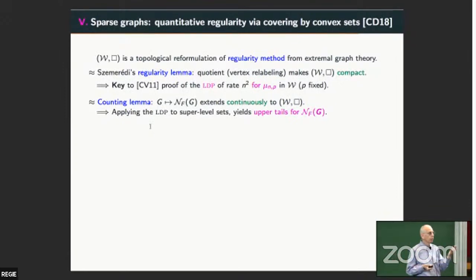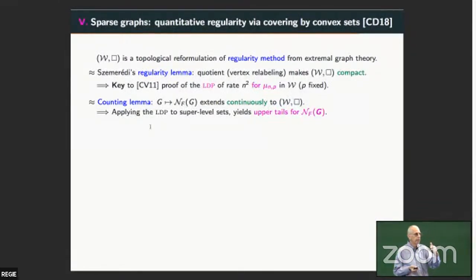But you need one more thing. You want, at the end, also to conclude that what you learned, the large deviation that you produced, has relevance to the functional that you are trying to study. In this particular case, it's the subgraph count. Subgraph counts have the property, called the counting lemma, that they are continuous functions on the space of graphons.